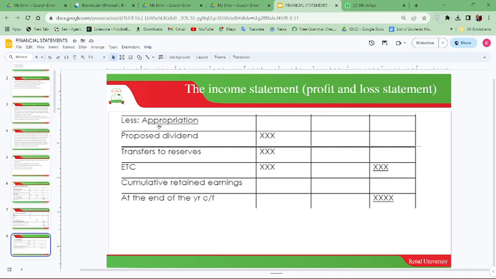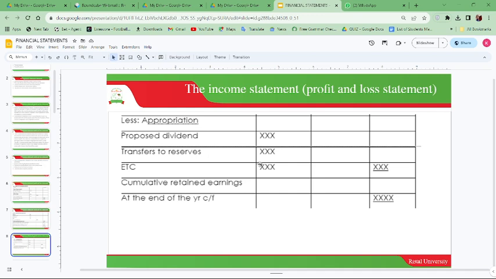Then we less a proportion. Under it we have a proposed dividend, and transfers to reserve. We have proposed dividends, transfers to reserve, among others.